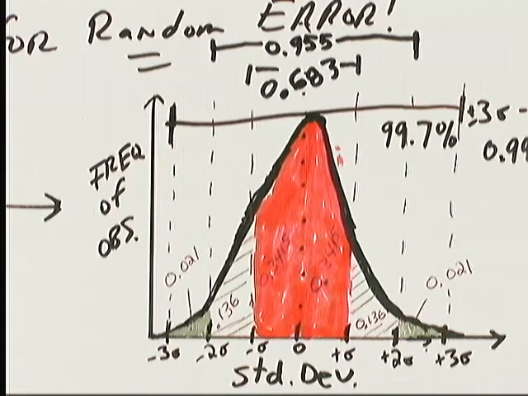So you can see the farther we go away from the central value, the mean, the less likely it is we are to find data. And if I define a range +3 to -3 standard deviations around the mean, only 3 out of 1,000 data points will be outside of that range.